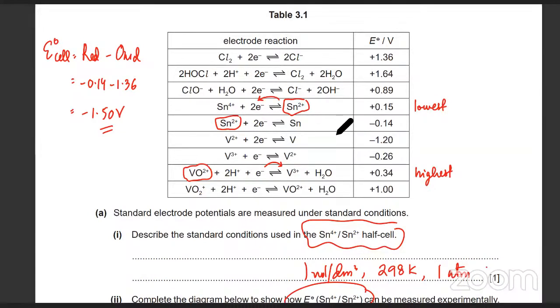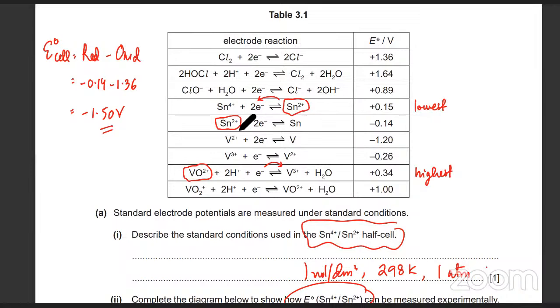Sn2+ would lose electrons. So we've got a reaction now: VO2+ gaining electrons and Sn2+ losing electrons. That is the lowest, that's fine. But Sn2+ will not be losing electrons in that case, and we want a reaction with Sn2+.